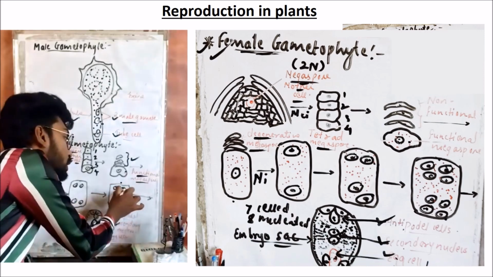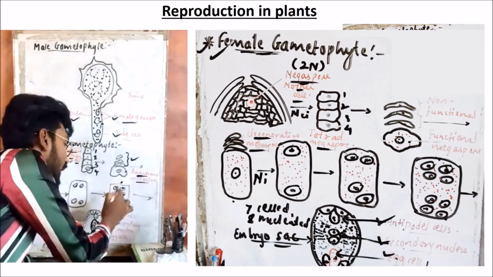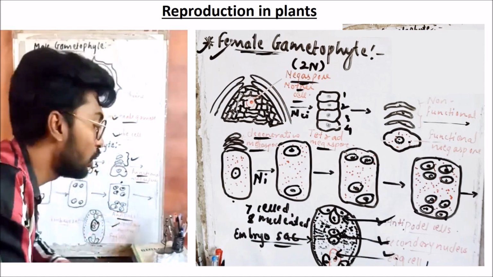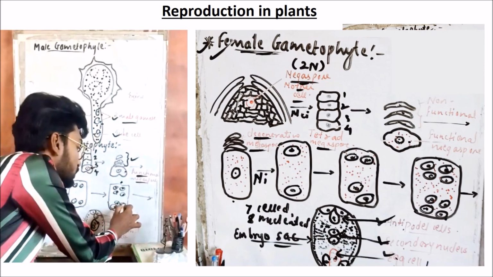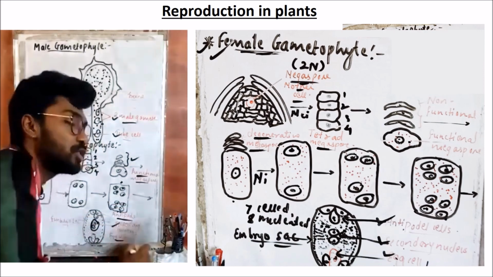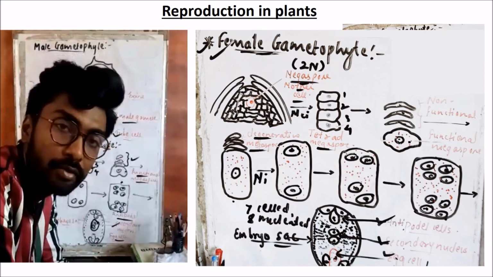So the daughter nuclei present at the chalazal end will lead to the formation of antipodal cells, right? And the 3 daughter nuclei present at the lower micropylar end will lead to the formation of the egg apparatus, right?